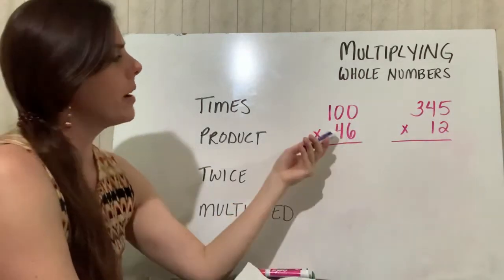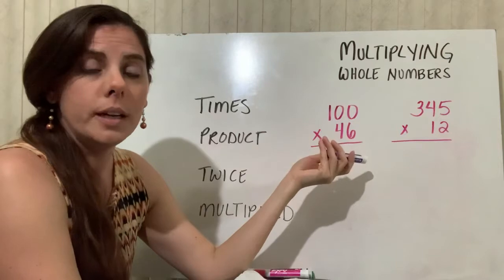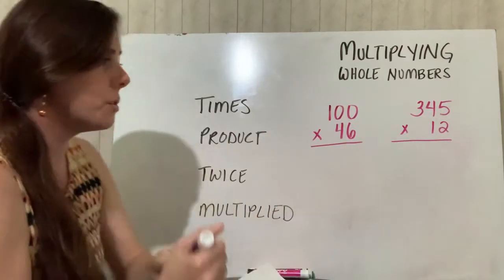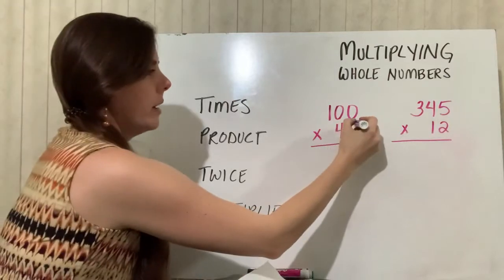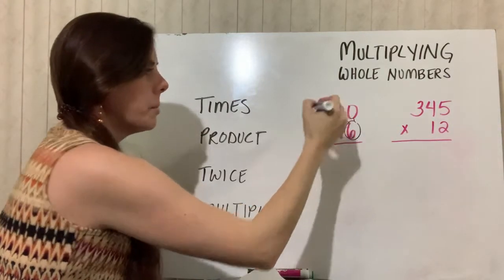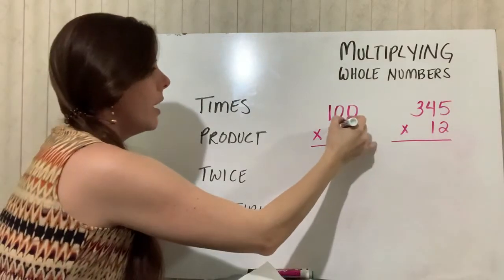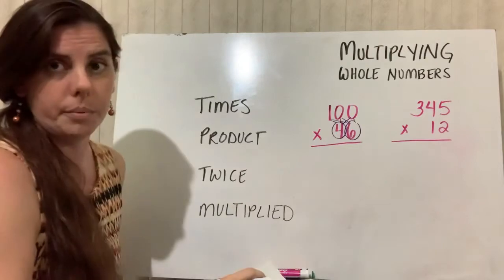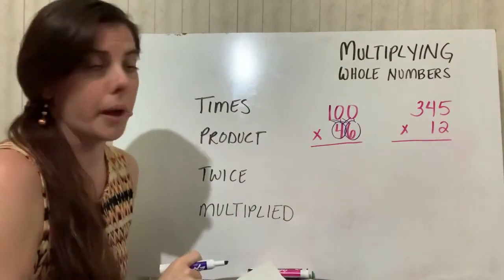And it doesn't matter what number's on top, and it doesn't matter how you write them out. What you do want to make sure that you do is that the one number on the bottom gets multiplied to each number on top, and that the other number on the bottom gets multiplied to each number on the top. That is the key, okay?